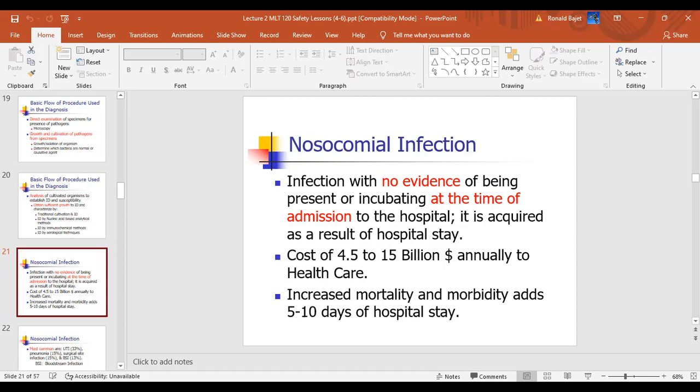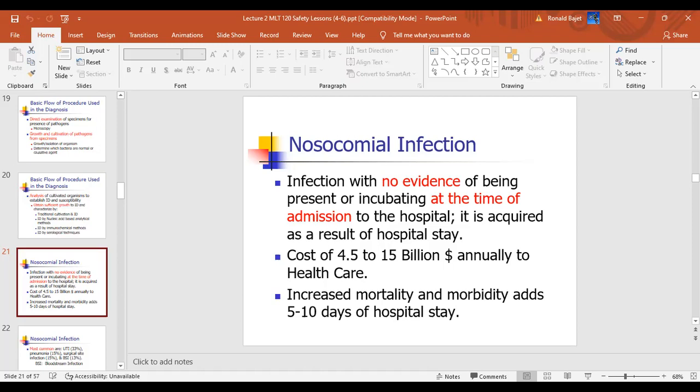It's very expensive when you have a nosocomial infection. These are old numbers, 4.5 to 15 billion annually to healthcare, and increased mortality and morbidity, adding a week to 2 weeks of hospital stay. So that's not good. That's what the infection control nurse is for.